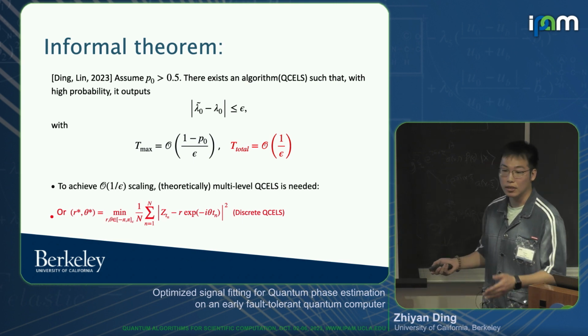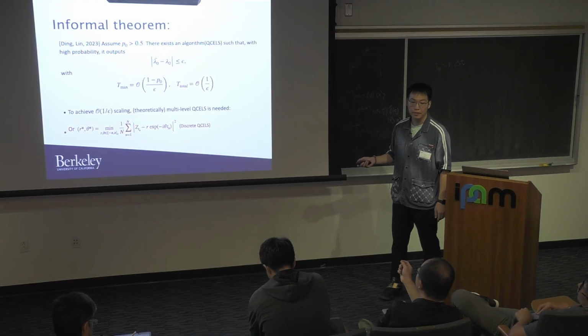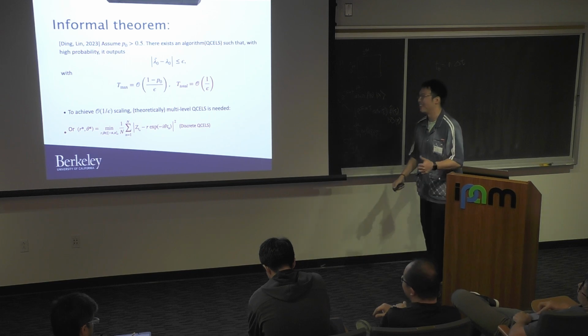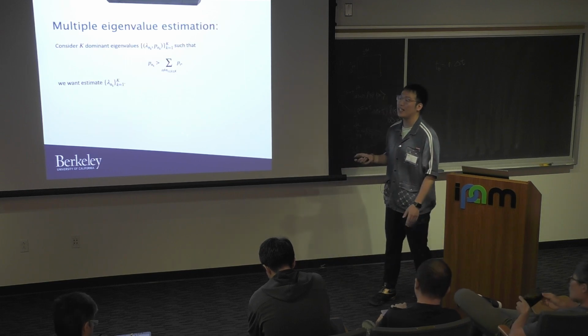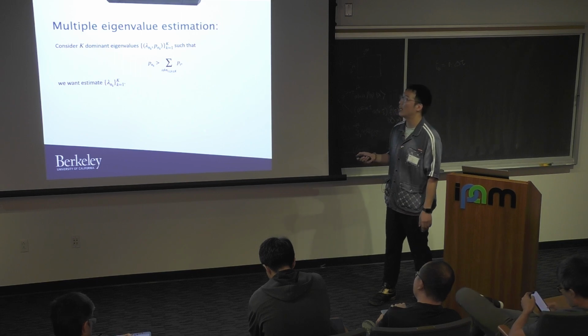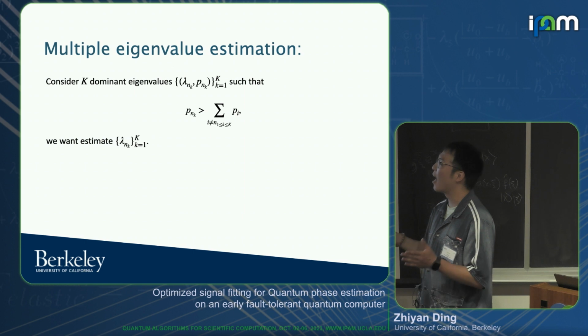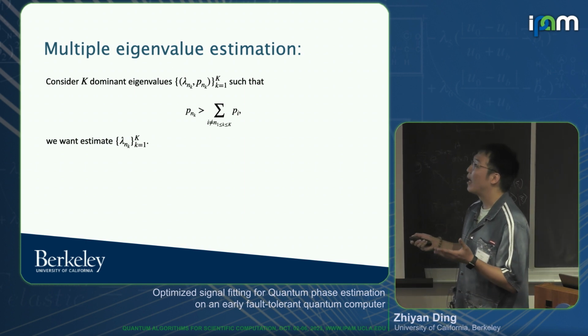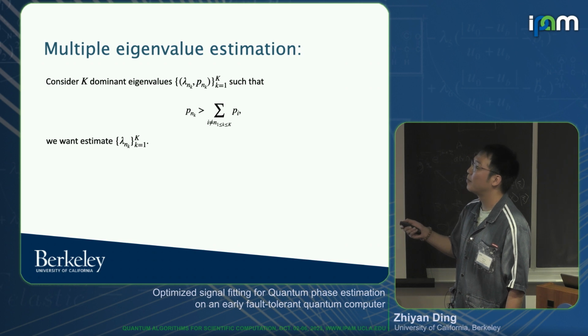Okay. Yeah. So let's see. You were saying that this is for ground state, but it's not. Right. Okay. So we can also easily extend this QCELS to multiple eigenvalue estimation. So here I assume that my initial state has K dominant eigenvalues, which I denote by lambda_nk.